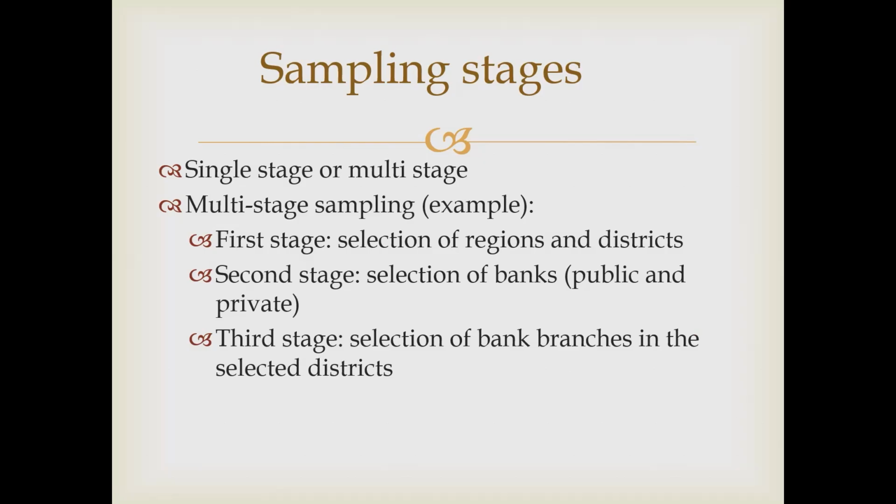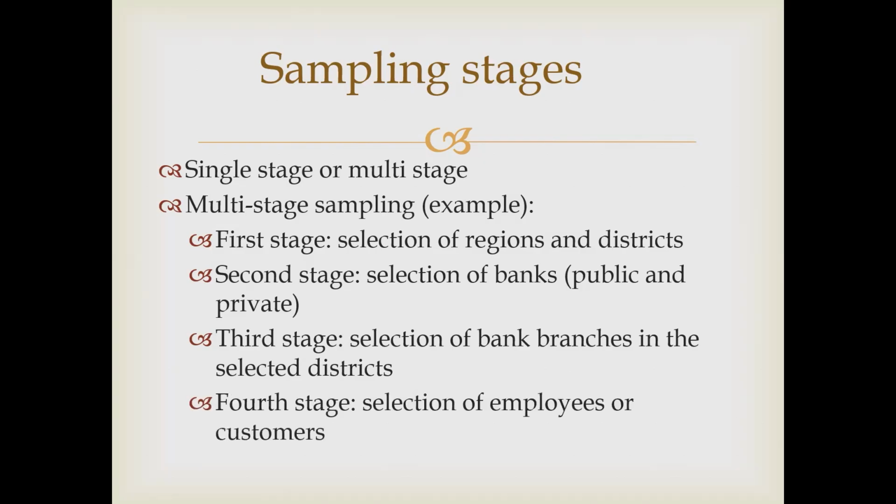That is the third stage. So we have not yet reached the bank employees. Who are the sampling units? The sampling units are the bank employees. We have completed 3 stages, but we have not yet reached them.